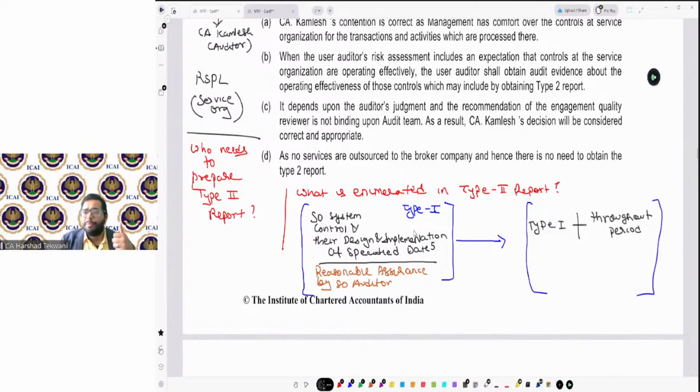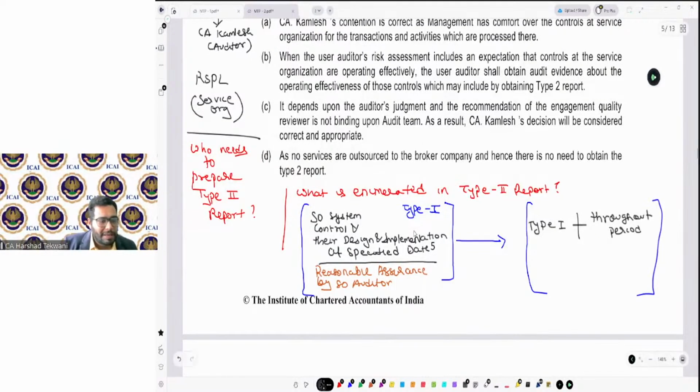So a description prepared by the management of the service organization system, their control objectives, their design, implementation as at a specified date or throughout a specified period, and in some cases operating effectiveness throughout a period. So their design and implementation means operating effectiveness throughout a period, not on a specific date.